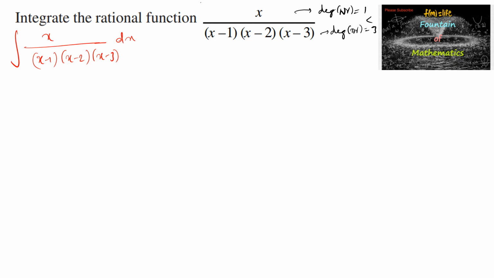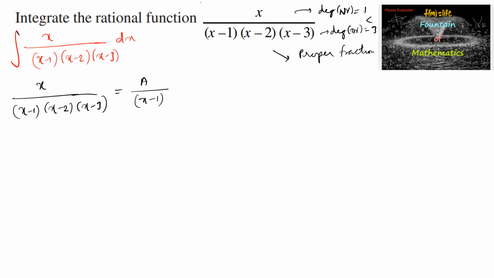So 1 is smaller than 3, so we can say that degree of numerator is smaller than degree of denominator, which is a proper fraction. So we can split up the rational function, or we can resolve into x upon x minus 1 into x minus 2 into x minus 3 is equal to a upon x minus 1, b upon x minus 2 plus c upon x minus 3, since they are linear factors.